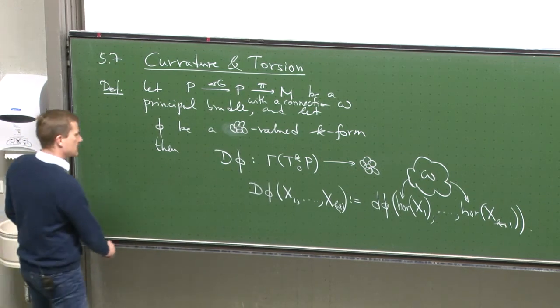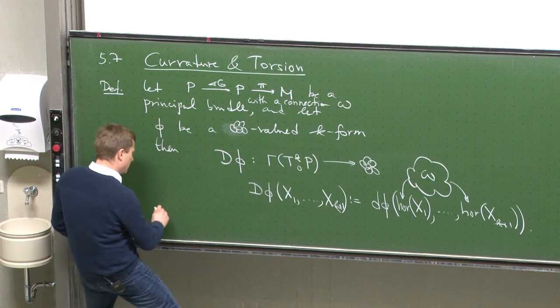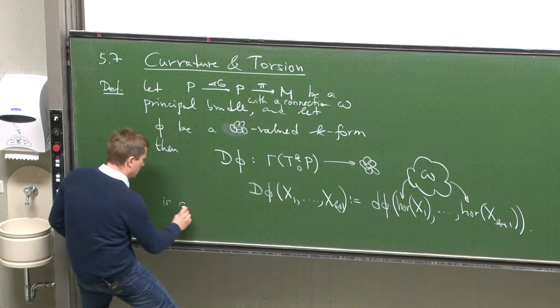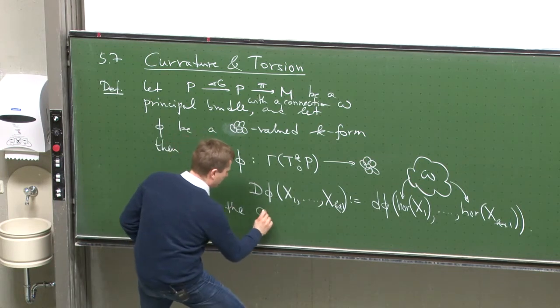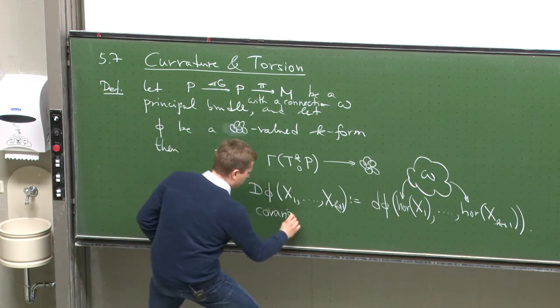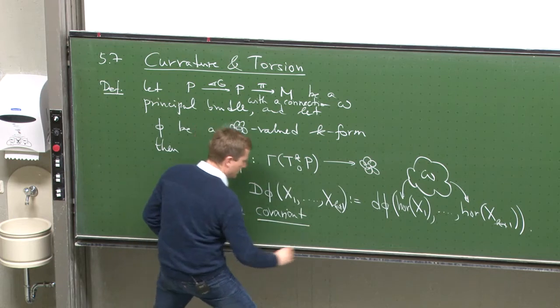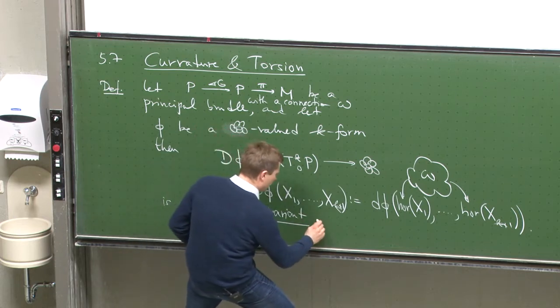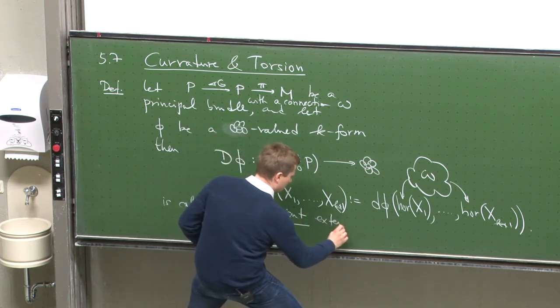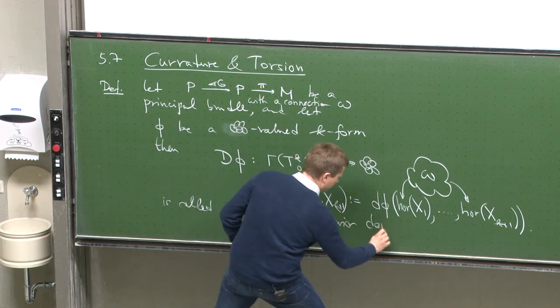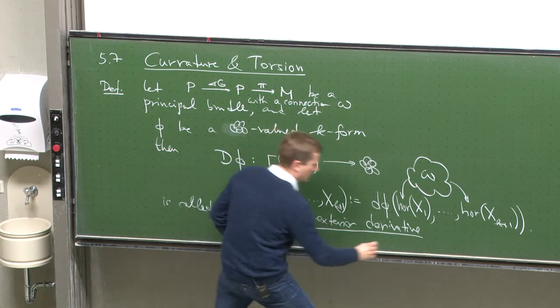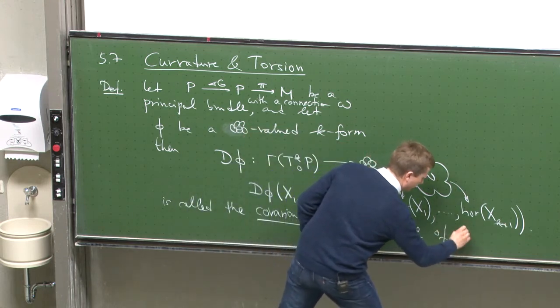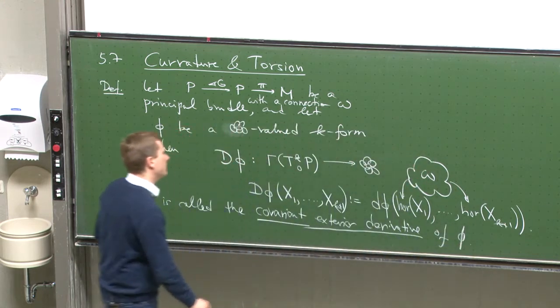So then this map is called the covariant exterior derivative. So the covariant being the qualifier, covariant exterior derivative, of the K-form phi.